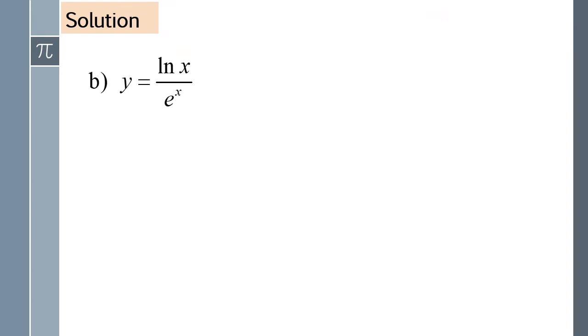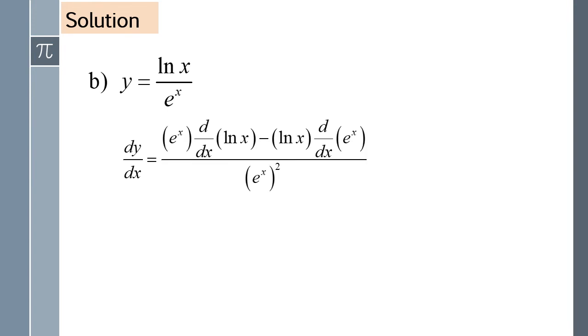Example 3b, y equal to ln x over e to the power of x. For this question, we use quotient rule formula, that is dy/dx, and then by taking e^x, now we differentiate d/dx ln x, always minus here, and then by taking ln x, and then we differentiate d/dx e^x, then we have to divide by e^x to the power of 2.